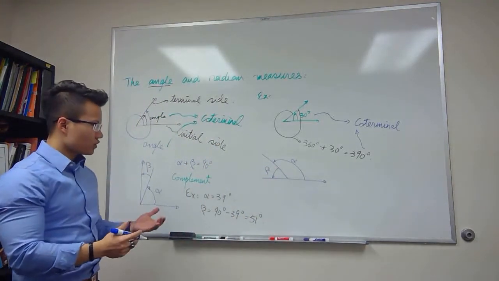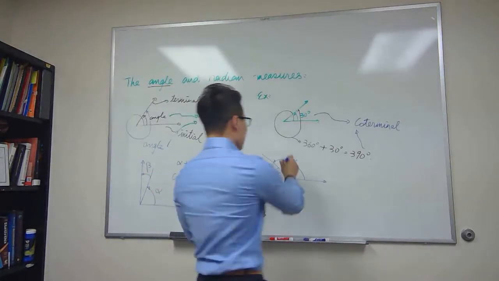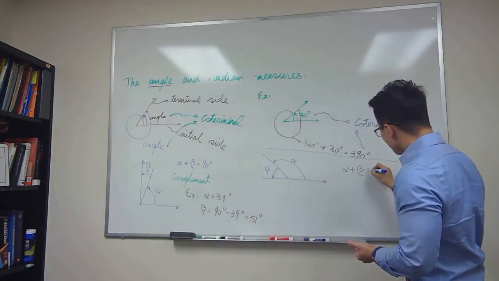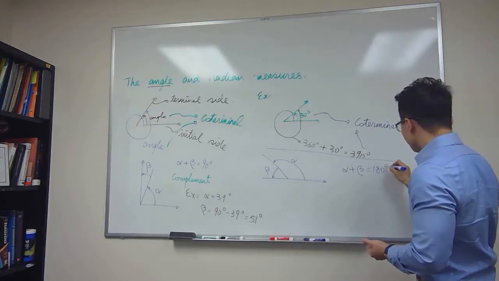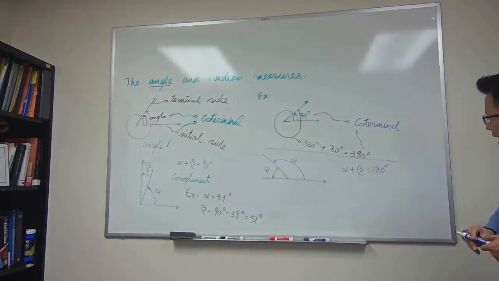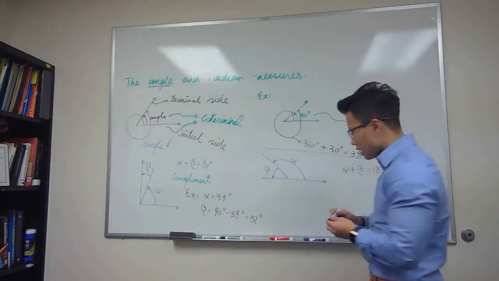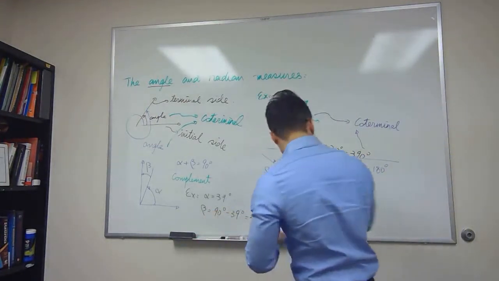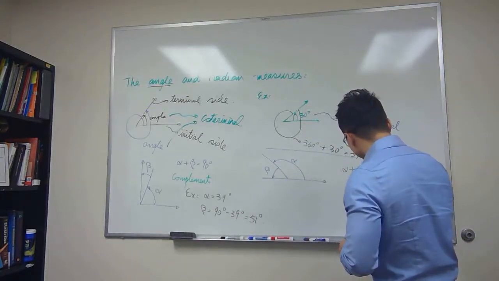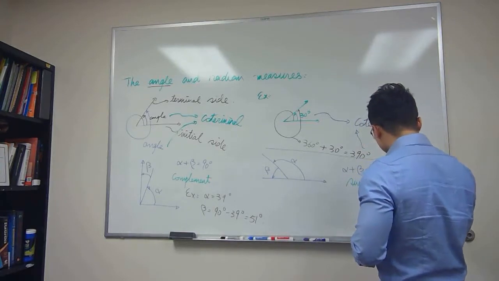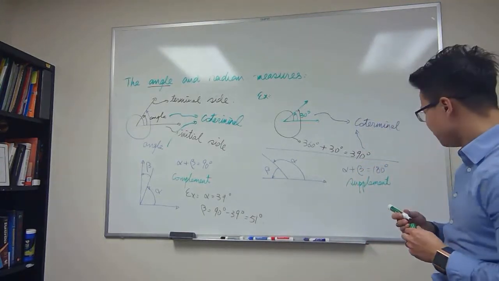So if they share this 180 degrees, obviously added together they will equal 180 degrees, okay? So if they add together to 180 degrees, this kind of relationship is what we call supplement. Okay, so this one is called supplement.